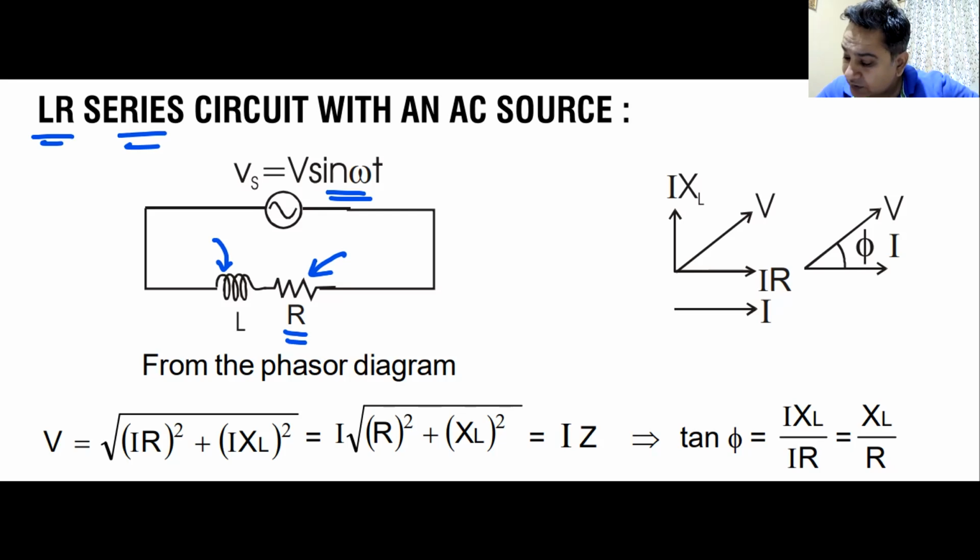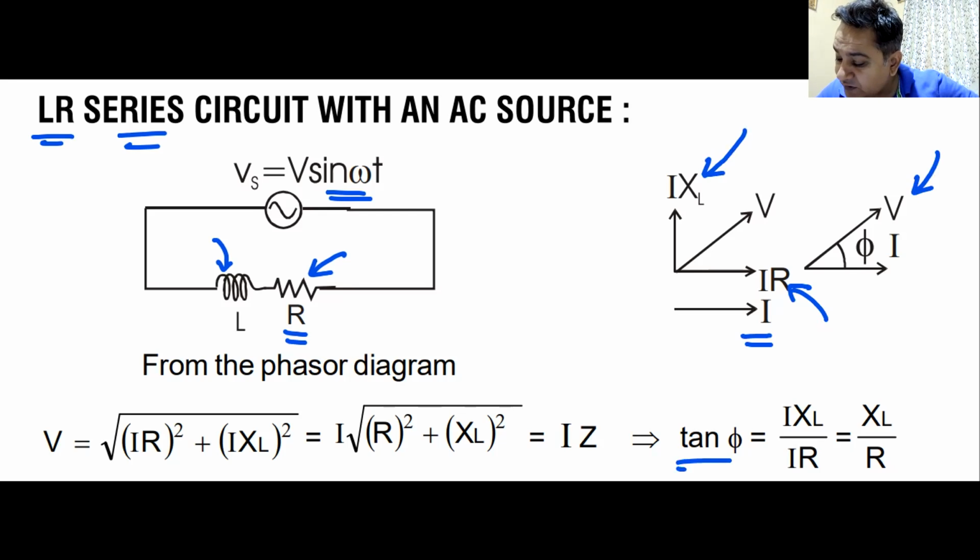So this is the voltage across the inductor, leading by 90. This is the voltage across the resistance, which is in the same phase. As you can see, now the voltage leads the current, but not by an angle of 90 or of 0. Voltage is leading by an angle of phi.